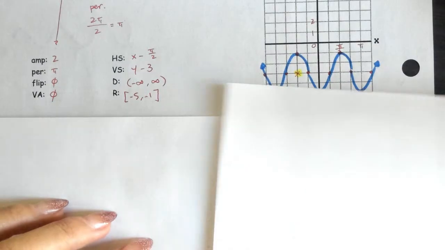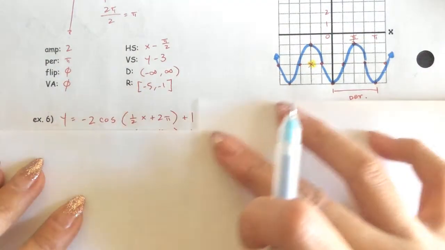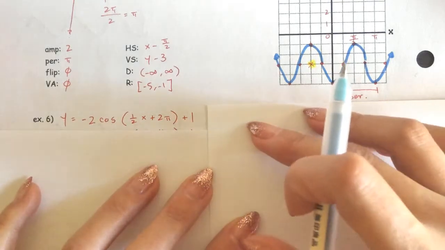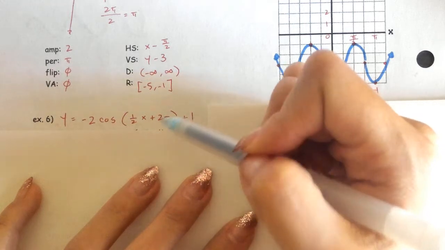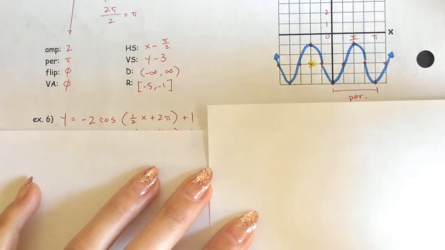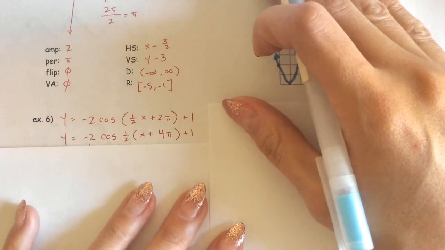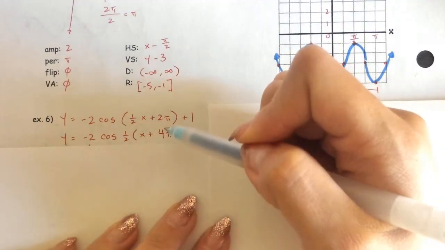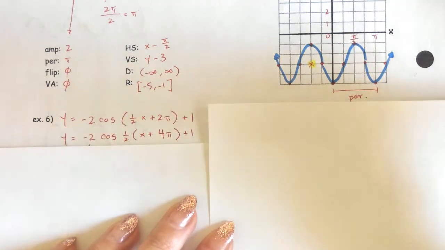Okay, last one. So this is going to be crazy. Ready? So you have this. Ooh. You got to factor out the 1/2. Okay, 1/2. What's 2 divided by 1/2? Think about it. 2 divided by 1/2 is 4, because 2 divided by 1/2 is multiplying by the reciprocal, which is 4. Okay, what is your amplitude?